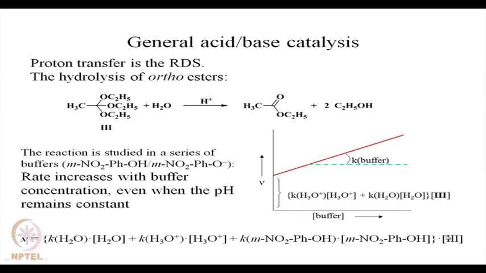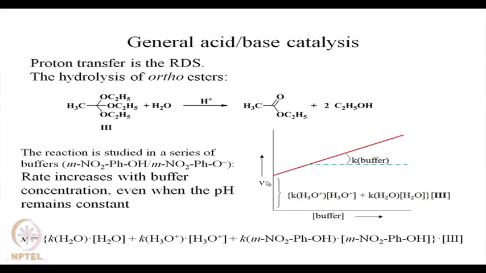And this is the reactant, but this K part has got the contribution from your water, which is present in large excess, and also from H3O plus ions if some are present, and also from these three.